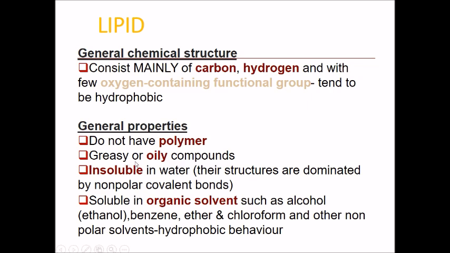Lipids are also greasy or oily compounds. If they are solid at room temperature, the characteristic is usually greasy. However, if they are in a liquid state, usually the lipids are known as oily compounds.